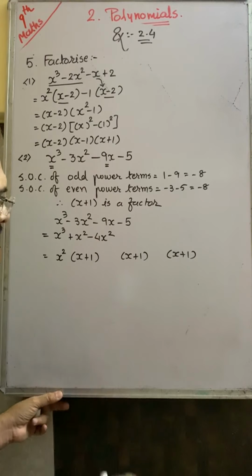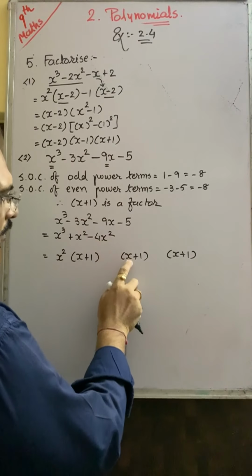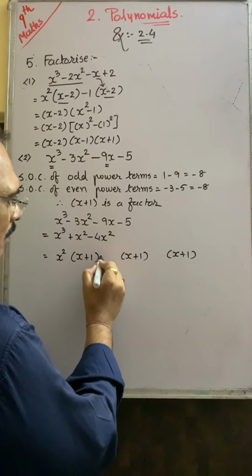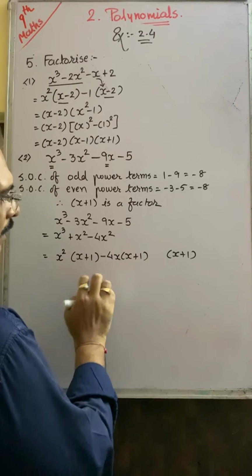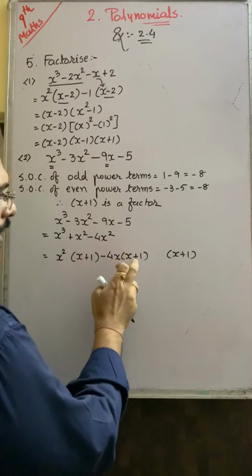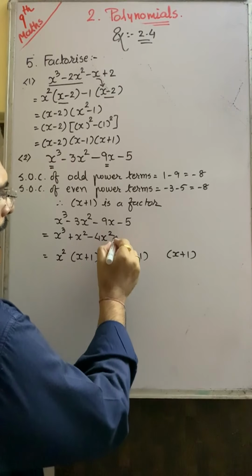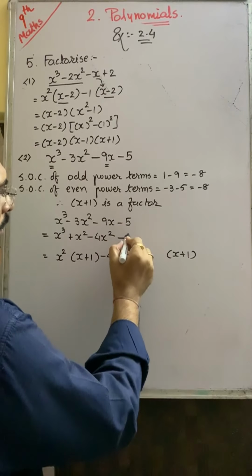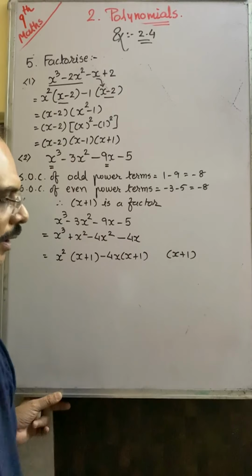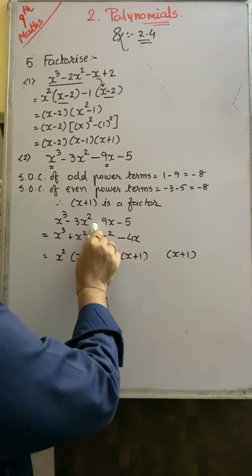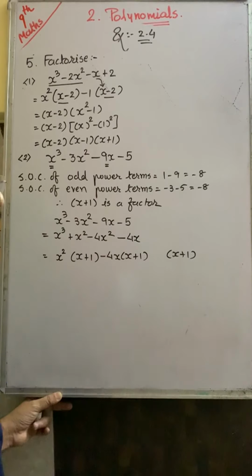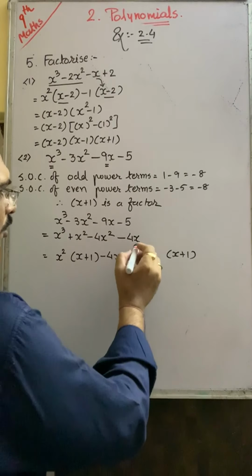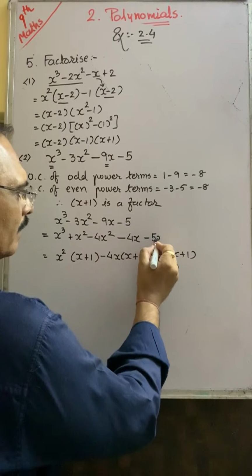Okay. Now to get this minus 4x square, this x should be multiplied by what? Minus 4x into x is minus 4x square. Now, minus 4 times 1 is minus 4x. See now properly. I want minus 9x and I have minus 4x. So I should add minus 5x.